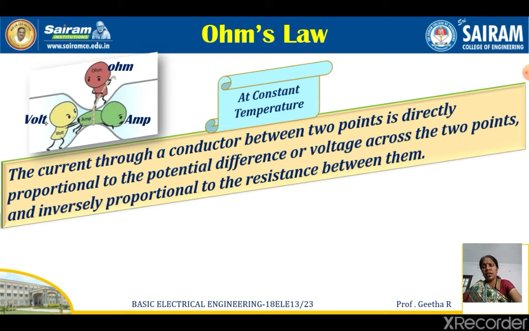For the volt to push the amp, or for the current to flow, the ohm is the one which is against the push, which is resisting the flow of amp. You can say it is the property which resists the flow of current. So the current through a conductor is directly proportional to the voltage, because due to this energy only the current will flow.